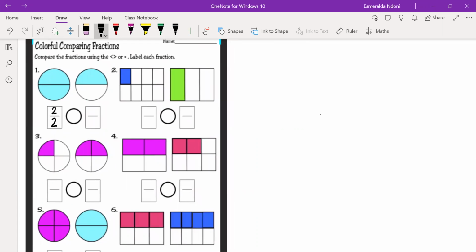And the second shape is still divided into 2, but one of them is colored. My question to you, which one is bigger? Well done. 2 out of 2 is bigger. You can see that more of it is colored, so that's obviously bigger than the other one.